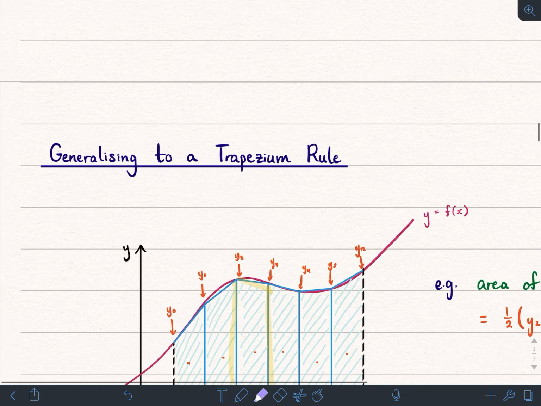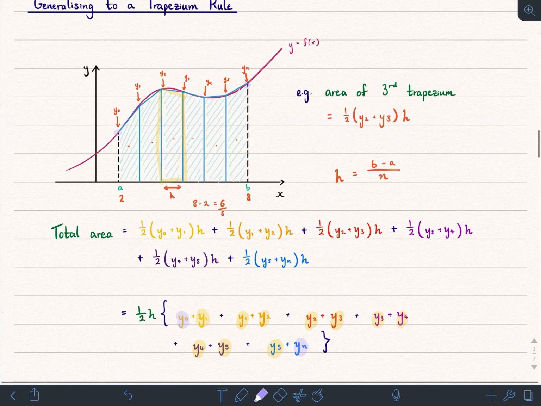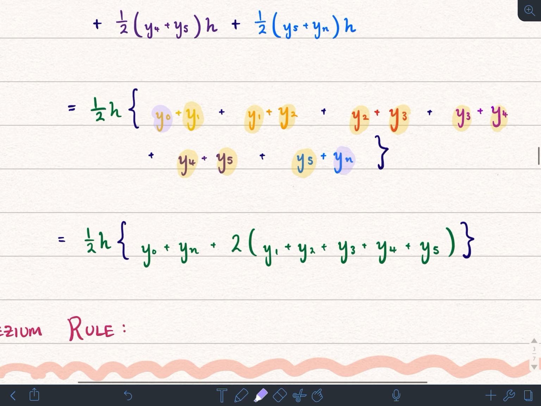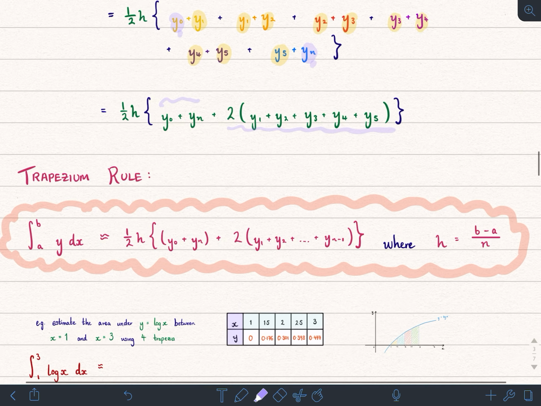Or to relate it back, our starting height and ending height. That makes sense when you're adding up these trapeziums. You're going to get those coordinates doubled up. So if you group them all together, these two lonely ones are on their own, and all of these ones here are grouped up and they are all doubled. Hence, that's where this equation comes from.